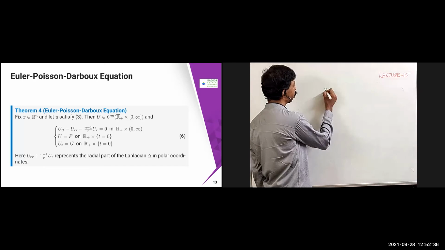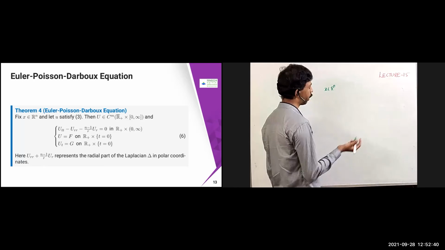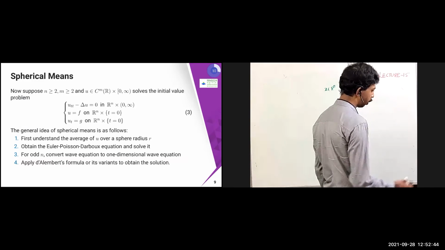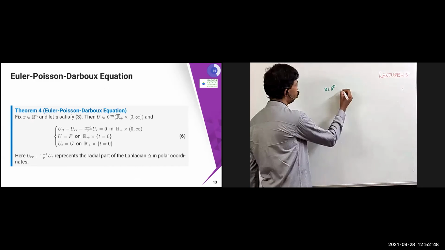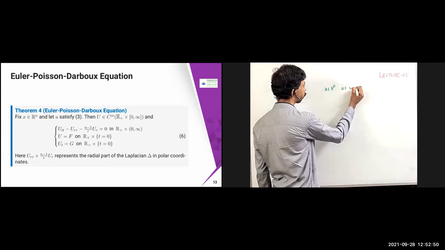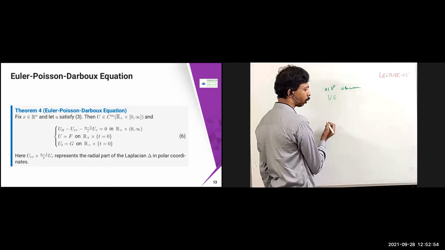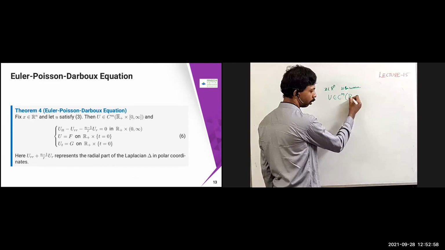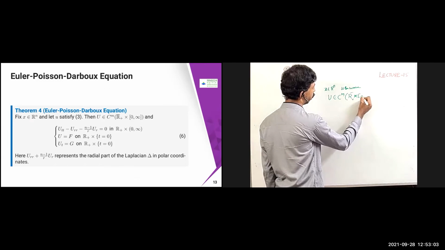If x belongs to R to the power n, and u satisfies the wave equation, and u belongs to C^m of R plus bar into 0, infinity.